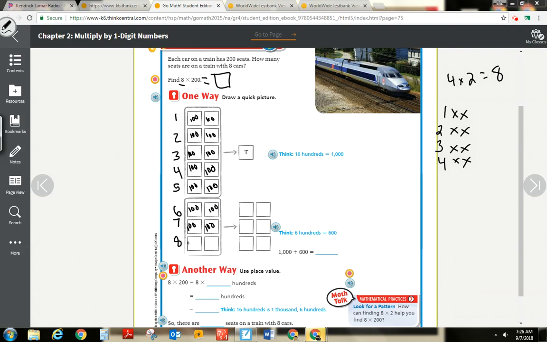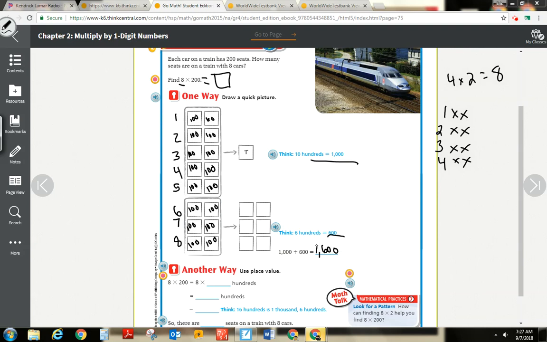So this is a great way of connecting our basic arrays to more complicated arrays to represent our numbers. We can count this as 100, 200, 300, 400, 500, 600, 700, 800, 900, 1,000, 1,100, 1,200, 1,300, 1,400, 1,500, 1,600. You can see that they broke it up as 1,000 and then 600. So it would be 1,600.